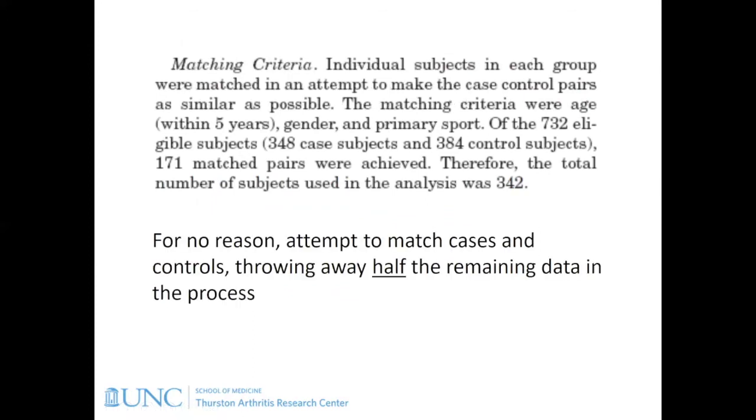But what ends up happening with all this matching is they originally had many participants available, so 732, but once they started matching, they ended up not being able to achieve these ideal matches, and they threw away half of their participants for doing the analyses.